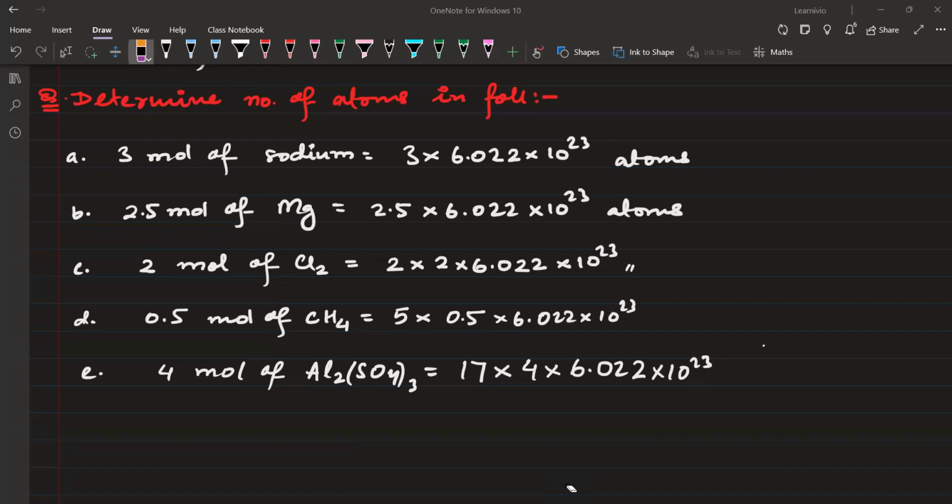Fine, 17 into 4 into 6.022 into 10 to the power 23. Now, try to note.